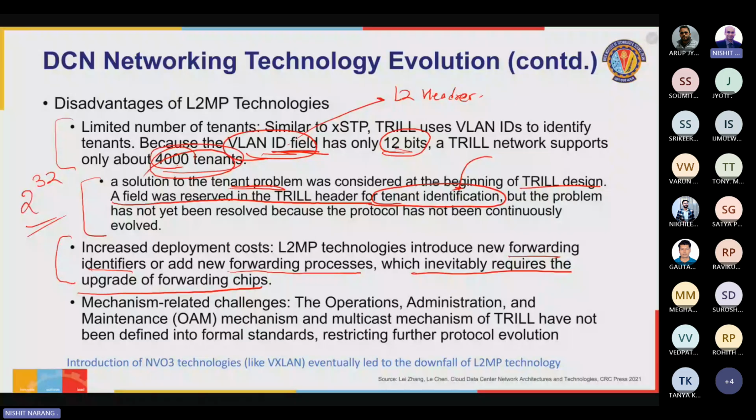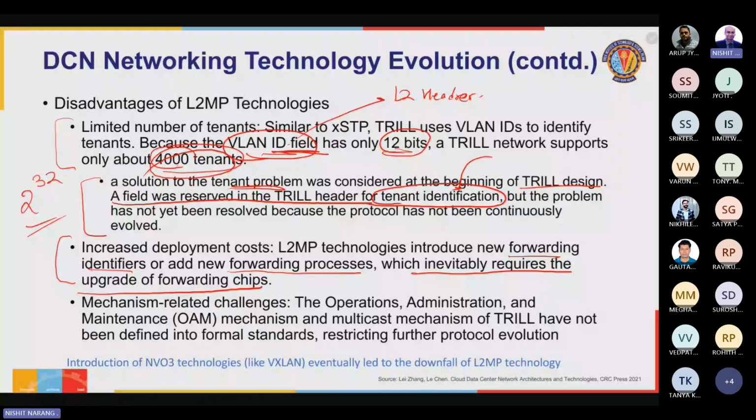So inevitably, if I need speed or performance, I'll have to upgrade the forwarding chips in these existing hardware L2 switches. So it'll mean some increased deployment cost. If I want to avoid the deployment cost, then I'll have to take a hit on the performance. I have to implement all of these forwarding functions in software.